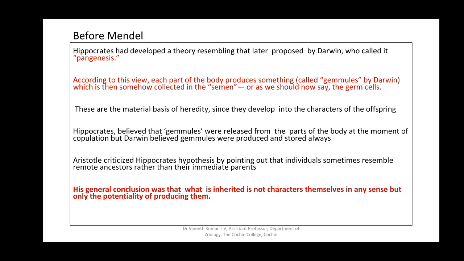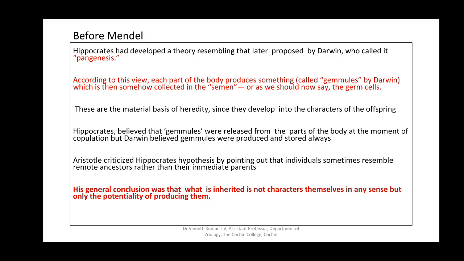If you interpret the physical nature of the gemmules, both Darwin and Hippocrates considered them to be fluid. So they mix in the body fluid, and this fluid content is what reaches the sexual organ and is transmitted.